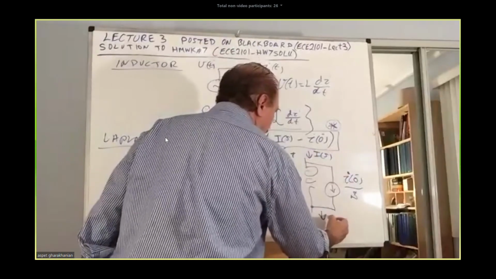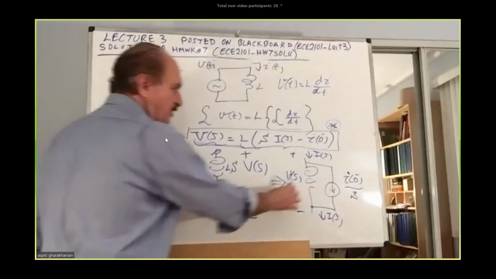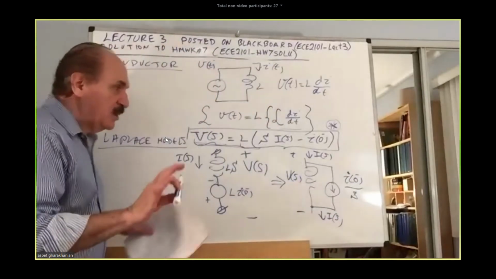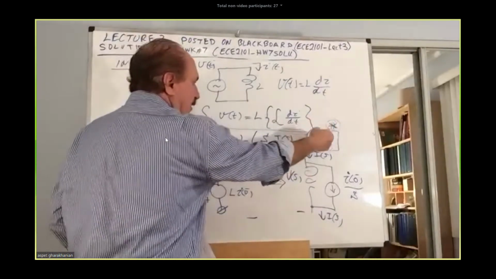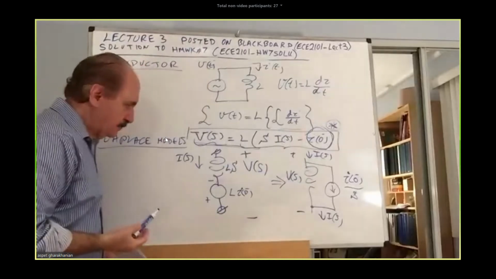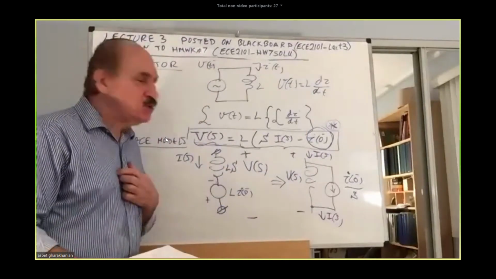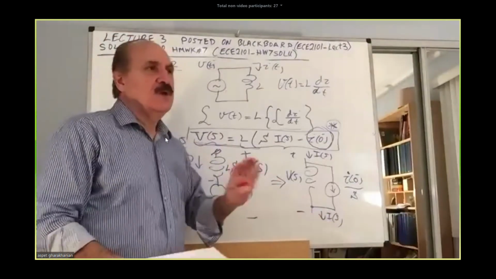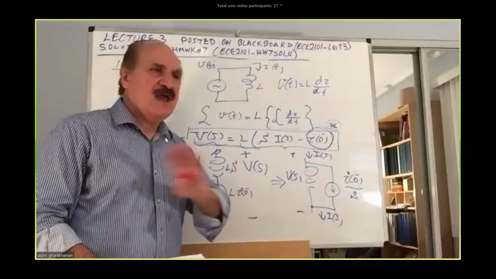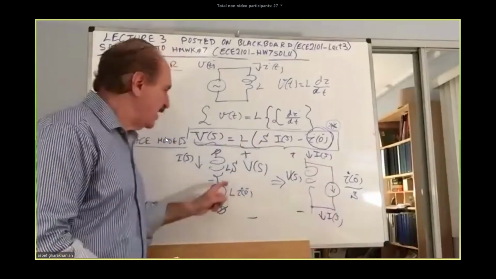So you have two options there, to choose this model or that model, if you had this initial condition. Which model would you choose? Whichever you choose, and you apply circuit laws, the answer will be the same in the end. So it doesn't matter which one you choose.